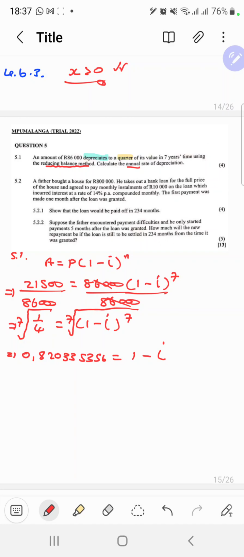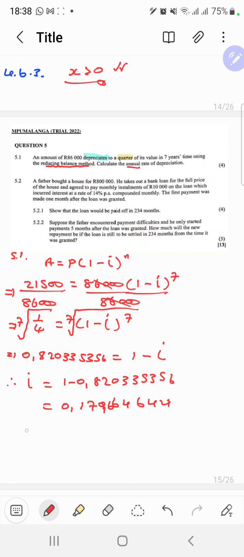Now we are sorted, so we can say therefore our i here is going to be 1 minus 0.82033535 6. Let's do that. And then of course we take that from 1. And then it follows that i is going to be 0.17966464 4.